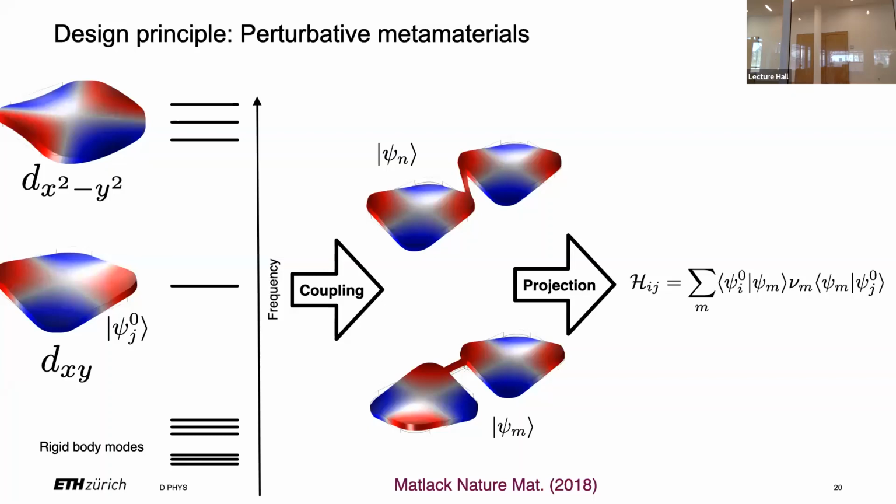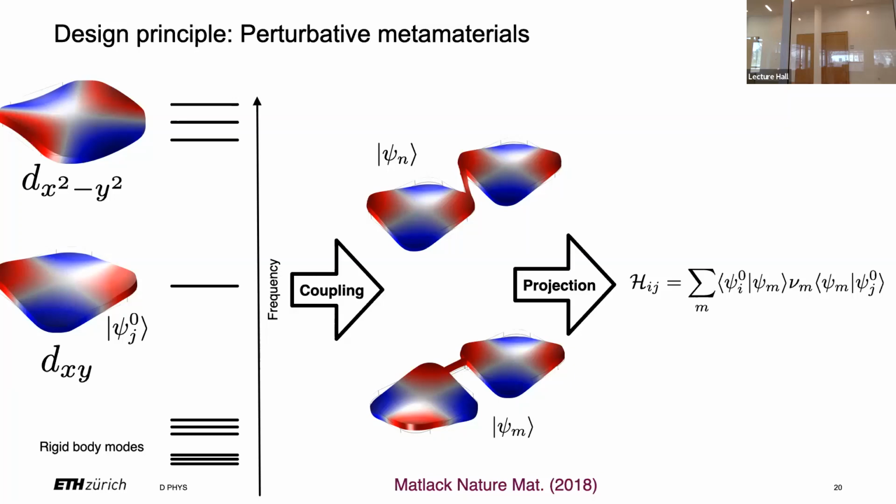This is like my orbital at this lattice site. And now I couple them weakly via a small link that I put in between these modes. If I couple them weakly, I'm not going to shift their frequency up to this mode or down to the others. So that's the perturbative aspect there.